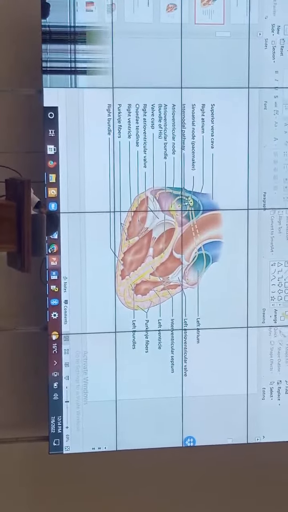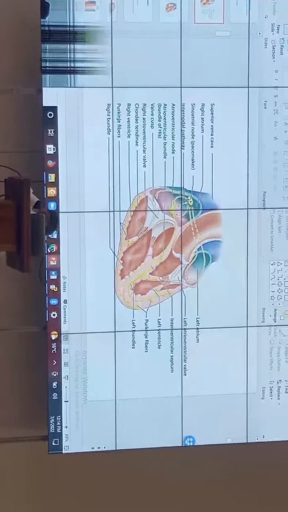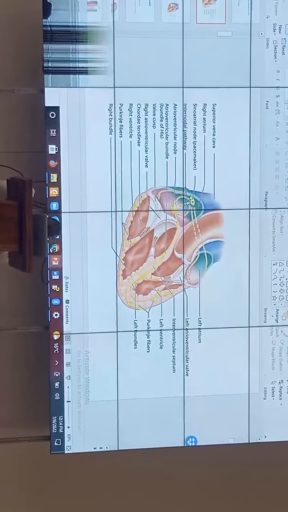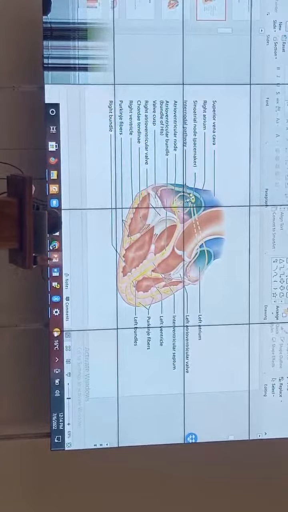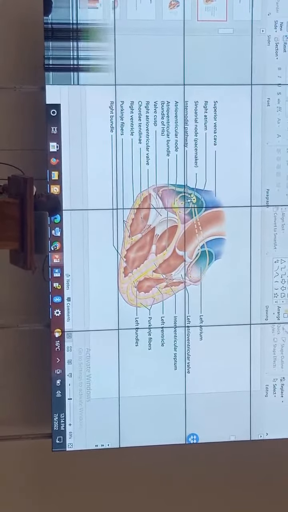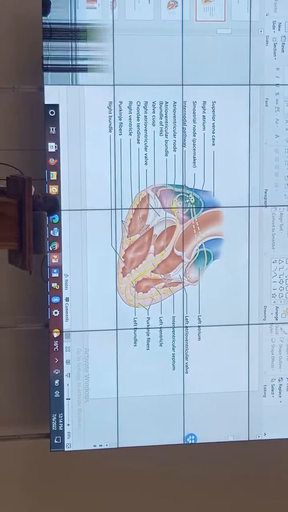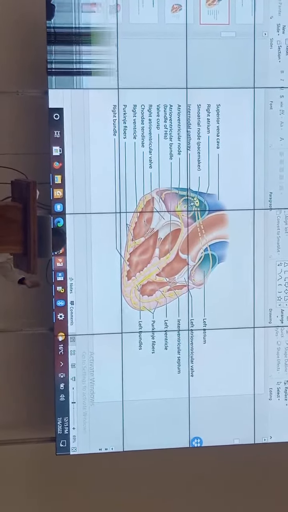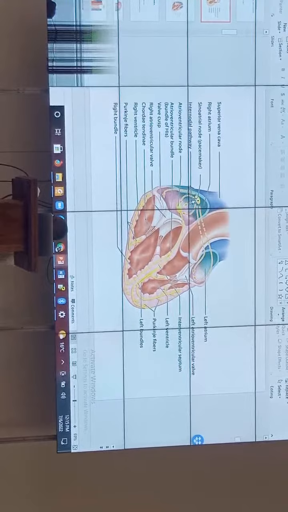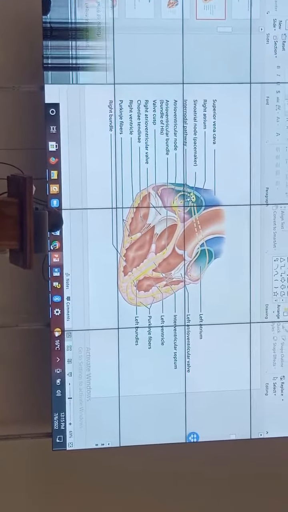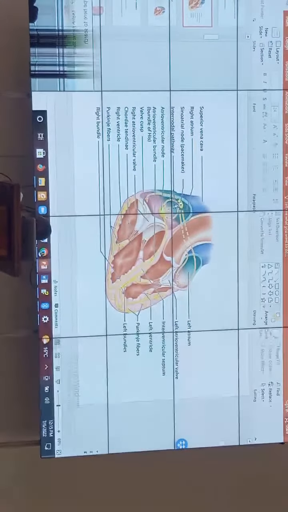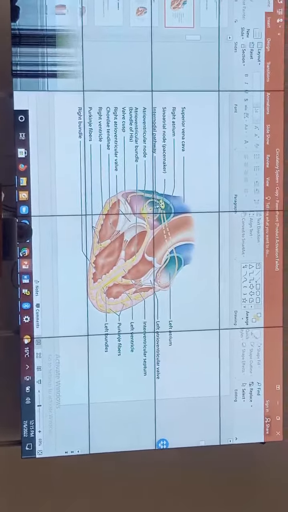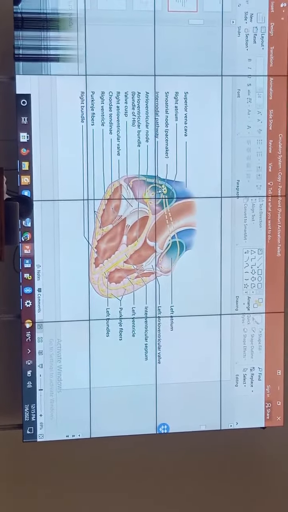No. The nervous system, through the autonomic nervous system, which comprises the sympathetic and the parasympathetic systems, regulates or modulates the rate at which impulses are generated by the conducting system. Is that clear, guys?